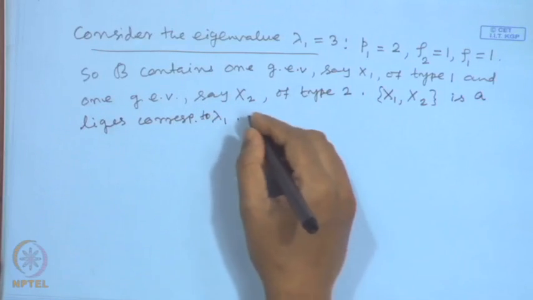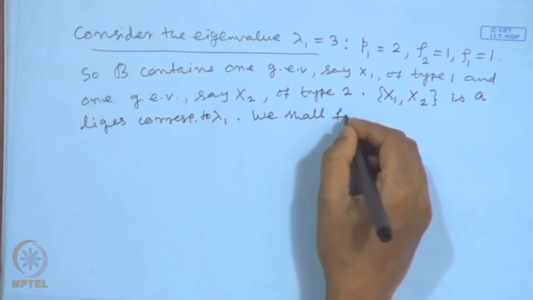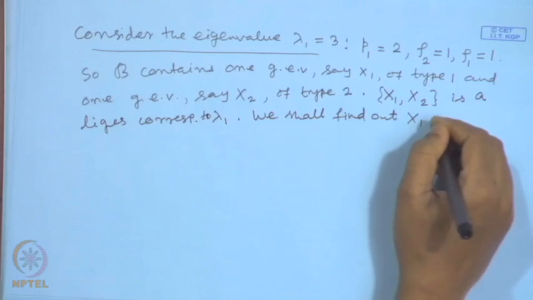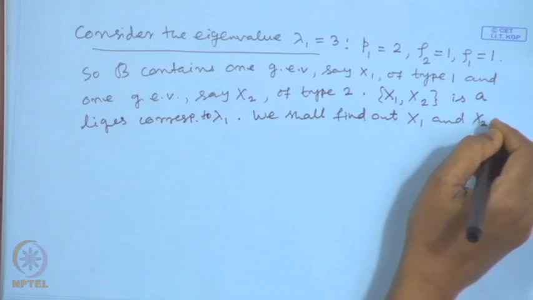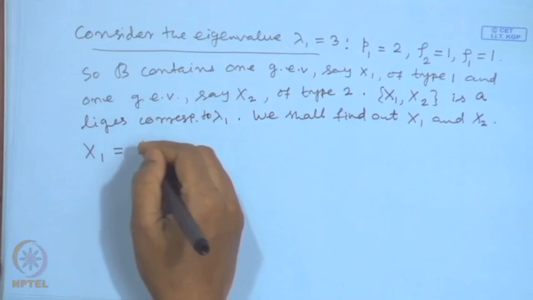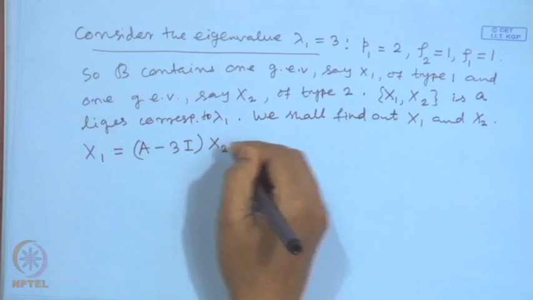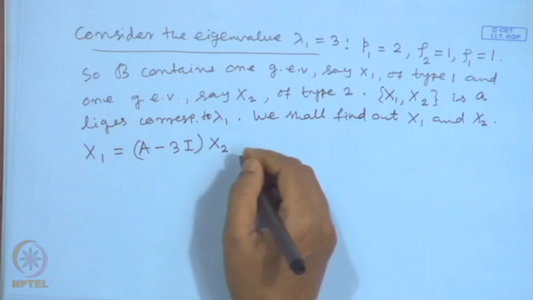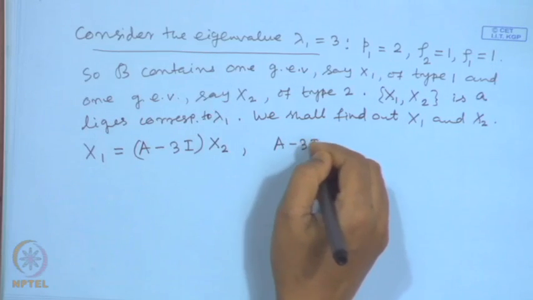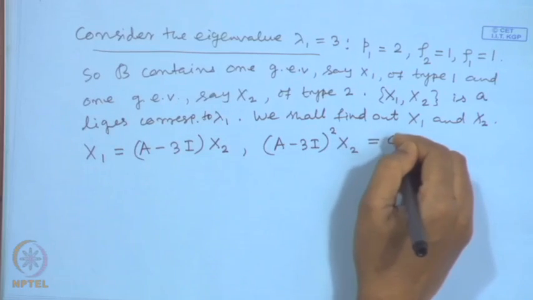Here we shall find out these generalized eigenvectors x 1 and x 2. In this manner, x 1 is A minus 3 I times x 2, and (A minus 3 I) whole square x 2 is equal to 0.